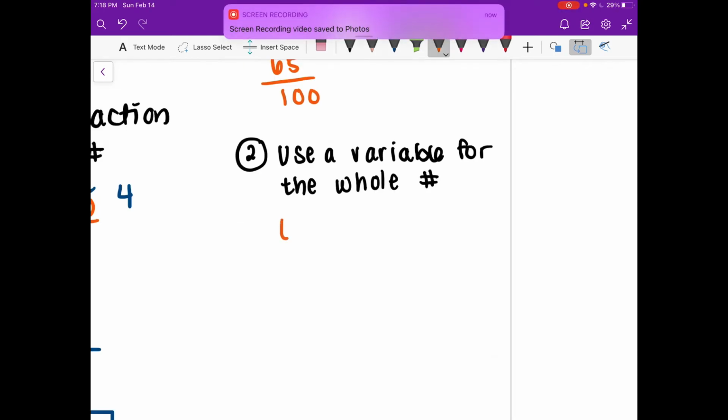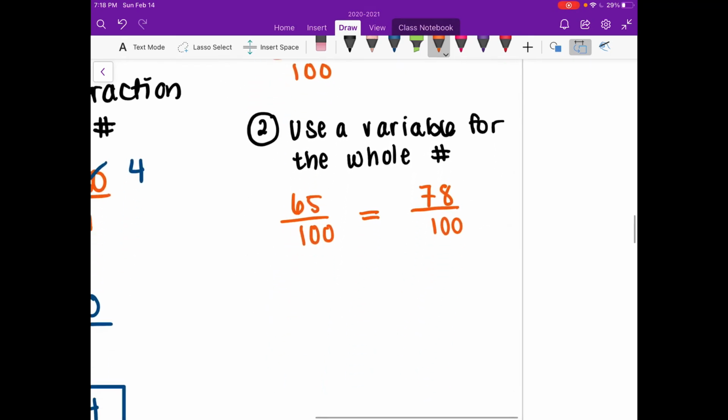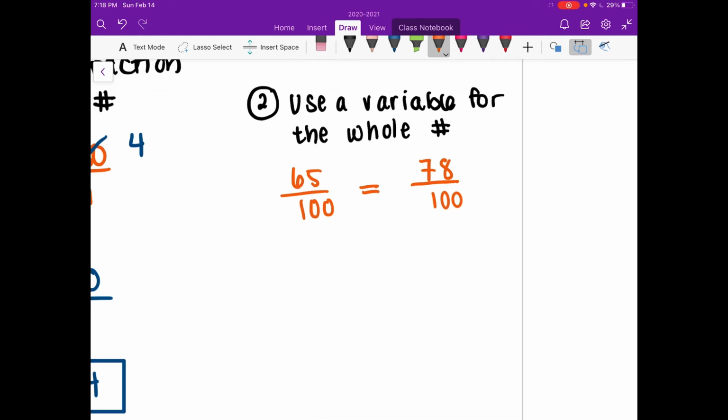So I know that 65 over 100 is equal to some equivalent fraction of 78 over some number, because I have 78 as a number here. It's equivalent to some number x, right? Because I want to know what number 65% of will give me 78, and I know that they'll be equivalent fractions, right?